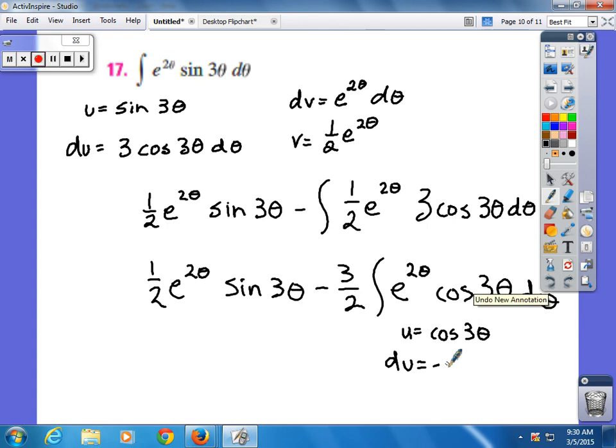The derivative would be negative 3 sine of 3 theta d theta. dv is equal to e to the 2 theta, so v is equal to 1/2 e to the 2 theta.